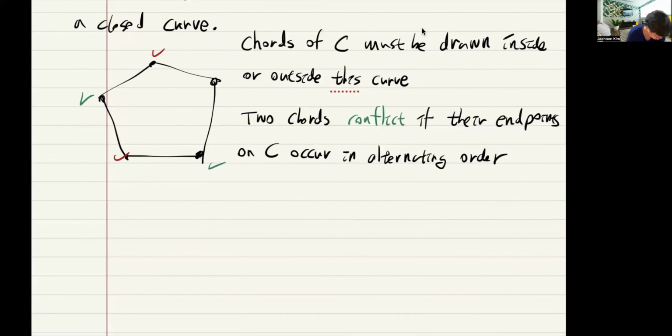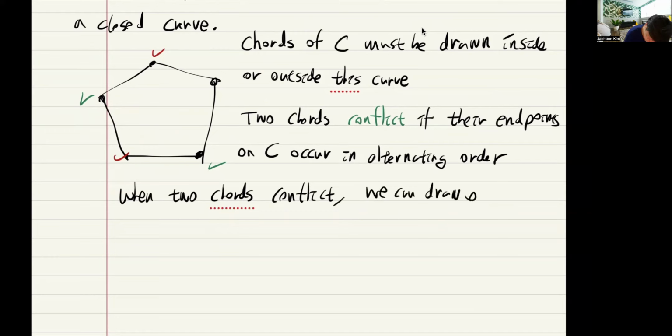And what we see is that when two chords conflict, we can only draw one of them inside and one outside.